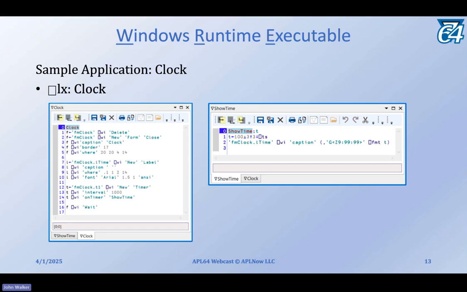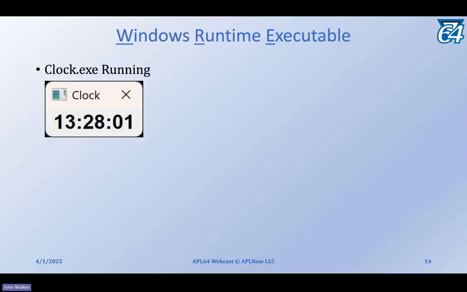I took the existing clock function and the show time function, saved it into the workspace, opened up the WRE tool, referenced the workspace, and just created it. It was that simple. And when the clock example runs, this was the result.